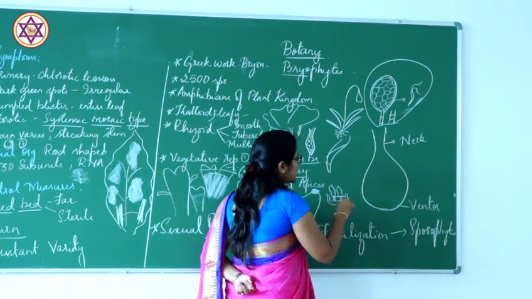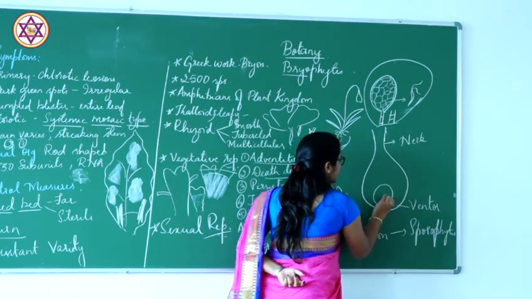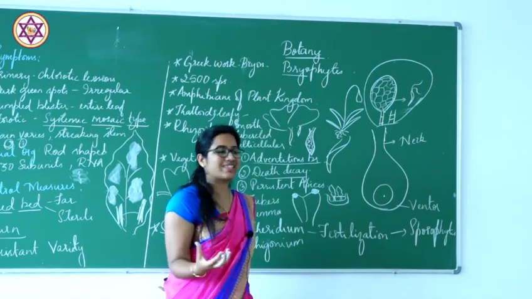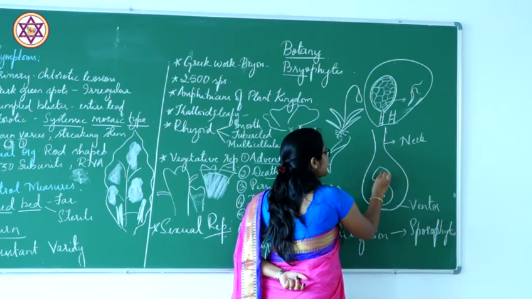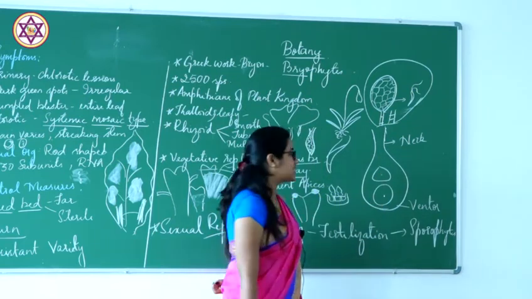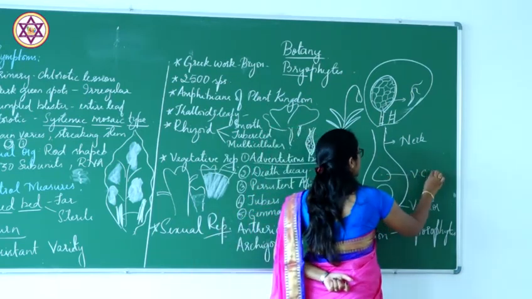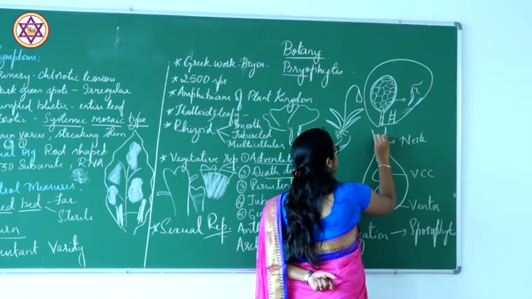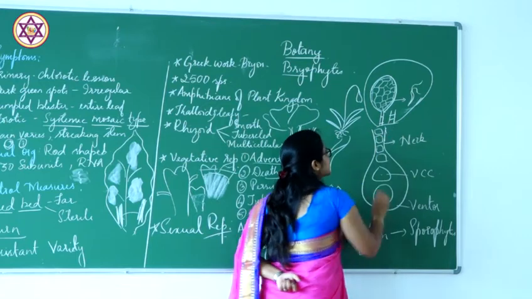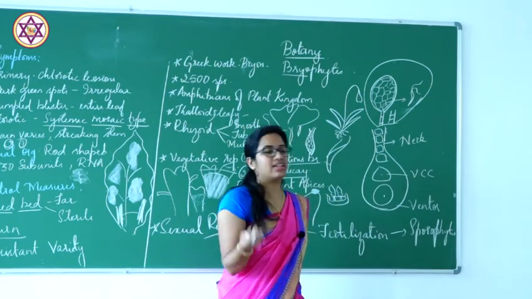The venter region will consist of an egg, a big cell with all the reserve food material, and a single venter canal cell. Then they will have neck canal cells, which can be 4 in number, 8 in number.